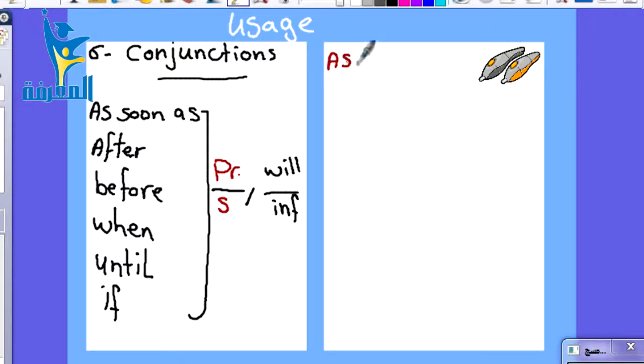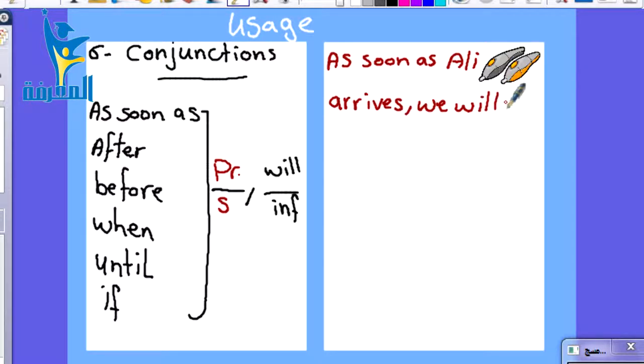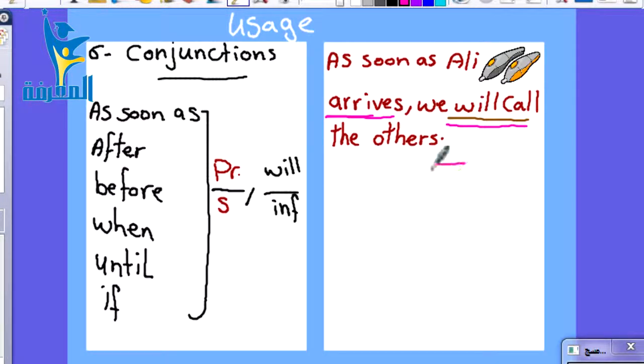As soon as Ali arrived, we will call the other. As we said, if we use the future in the second sentence, we shall use a present simple in the first one. This is for conjunction.